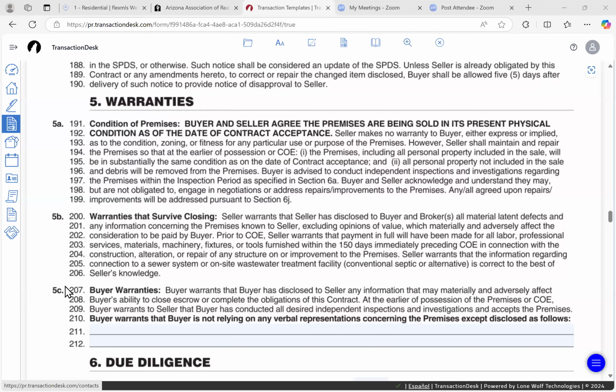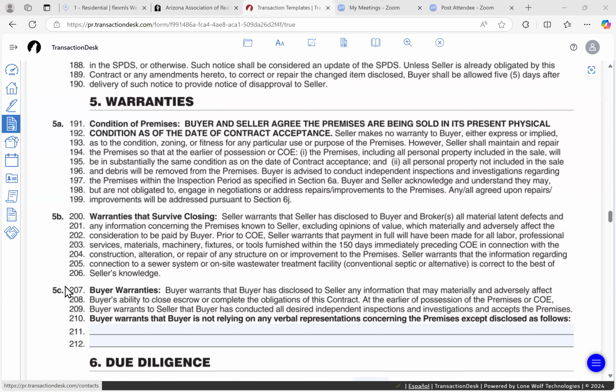However, seller shall maintain and repair the premises so that at the earlier of possession or close of escrow, the premises, including all personal property included in the sale, will be substantially in the same condition as on the date of contract acceptance, and all personal property not included in the sale or debris will be removed from the premises.